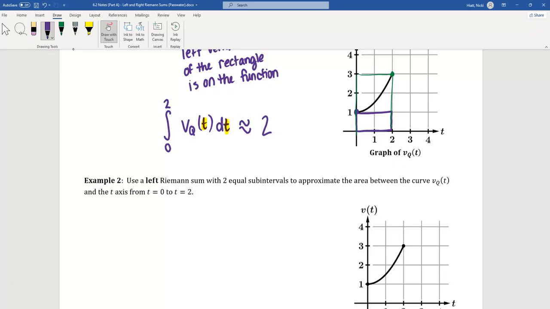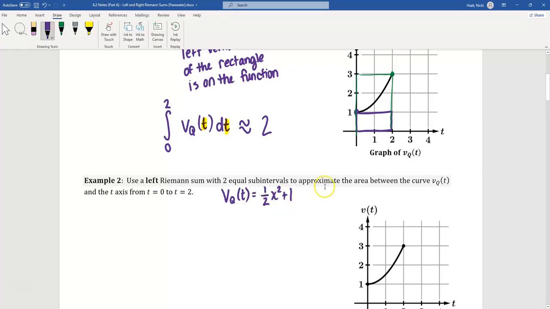I am pretty sure the equation of this is V sub Q of T equals 1/2 x squared plus 1. I'm pretty sure, because it looks like a quadratic that's been moved up 1 and squished to me. So I'm pretty sure that's our equation.